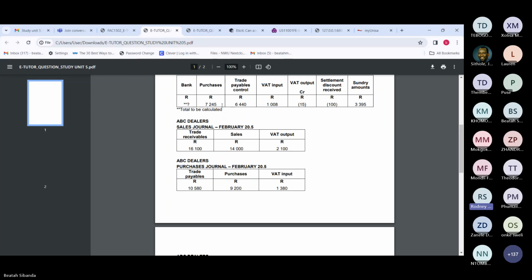Yes, I saw that, but my misunderstanding is that we purchase and then we must pay 1,008. No, you purchased 7,245, right? VAT on that 7,245, there's VAT input of 1,008. You understand? But now, why are we using bank when we put it under your debit?